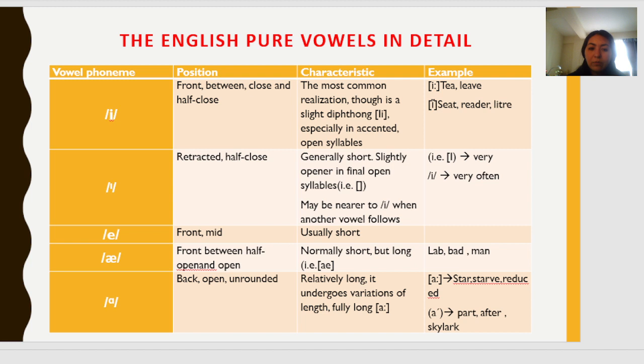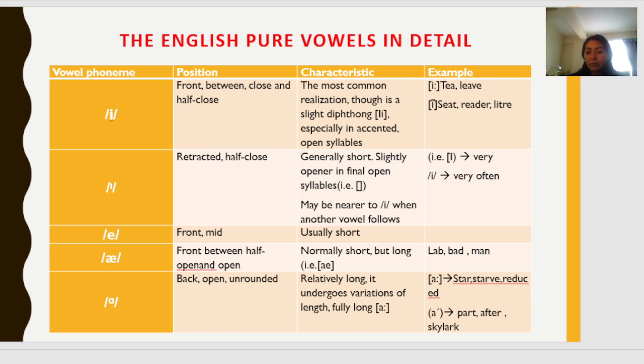The next is the position front mid, characteristic is usually short. The next is position front between half open and open. Characteristic normally short but long. Example, lab, but ma.